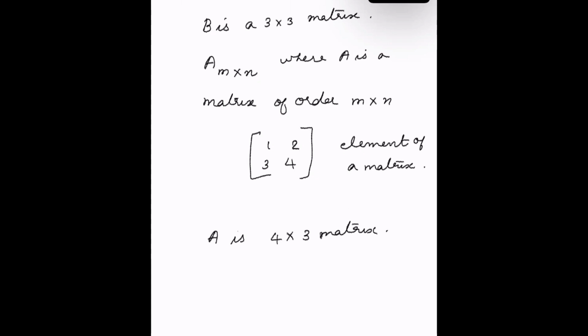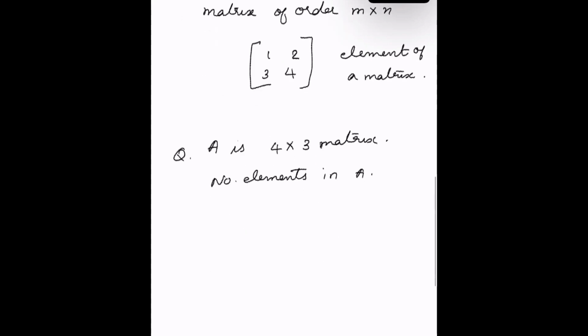How many elements are there in A? Four rows are there and 3 columns are there, right? So just do 4 into 3, which is 12. So there will be 12 elements.